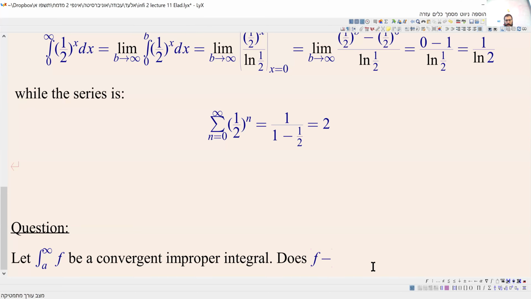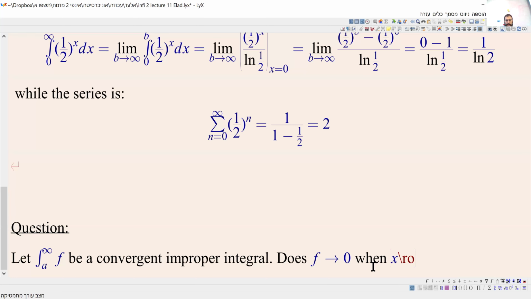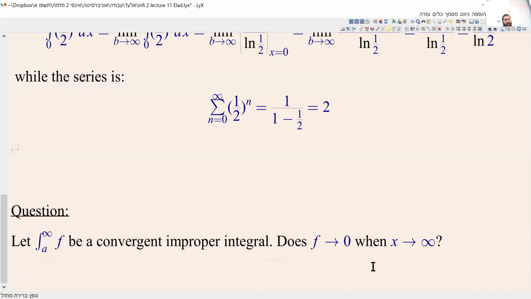Does f go to 0 when x goes to infinity? A little common sense. By the way, I ask the questions. What is the question? What is the answer? If you're asking, probably no. Probably no, of course. But why is that?